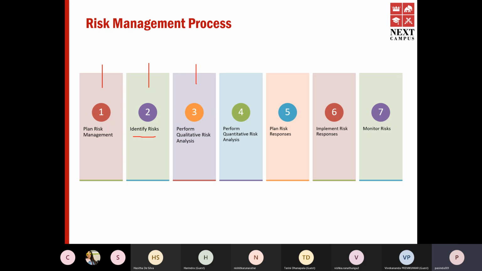If it qualifies as a high risk, it's beyond your pay grade, and you would escalate it to the next level so that they can take the necessary decisions. You can escalate it to the steering committee. So the qualitative risk analysis gives you an easy classification to focus your energy on the right risks at the right time.